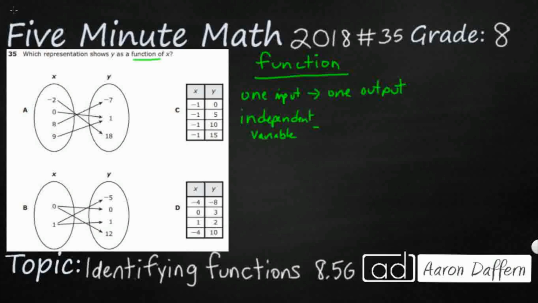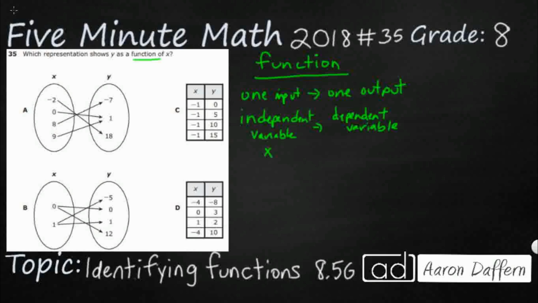And for our output, it's going to be our dependent variable. And for several years, we have already tagged these with 2 variables that we use almost every single time. So our input, our independent variable, is always going to be our x. So that's what we start with.